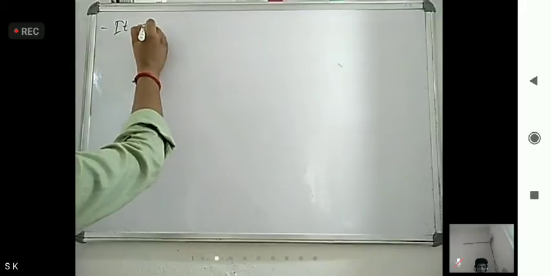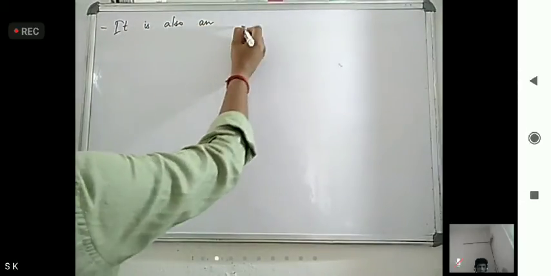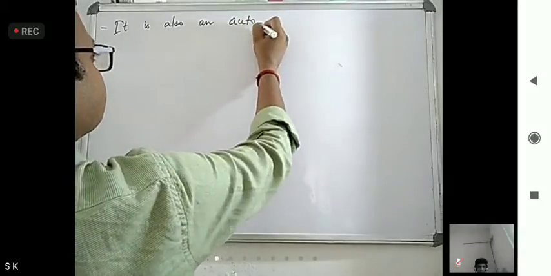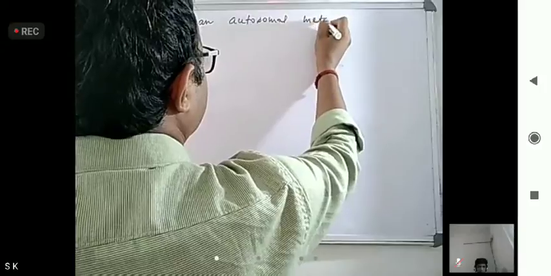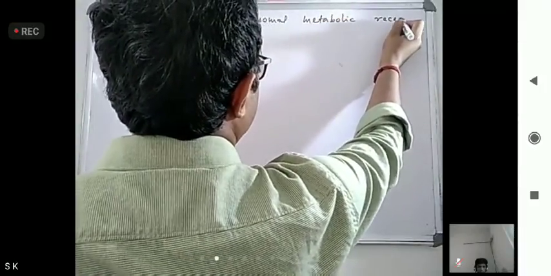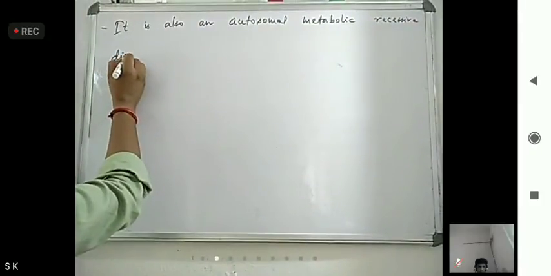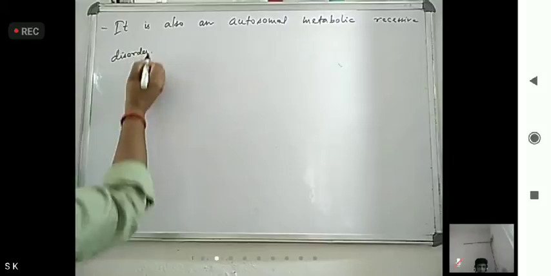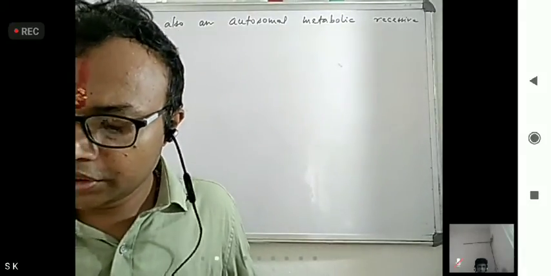Now, this is also an autosomal recessive metabolic disorder. Okay, the previous one was also an autosomal recessive metabolic disorder. This is also.